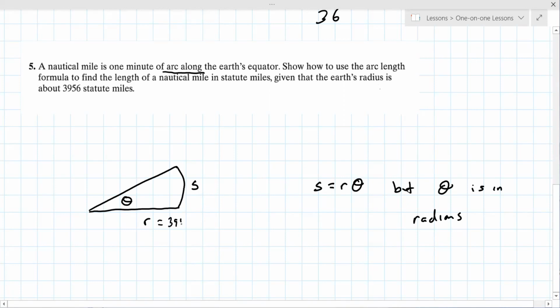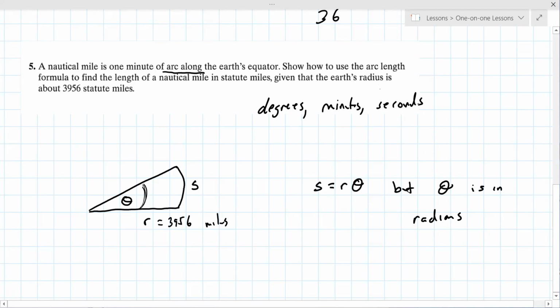So the radius here is given. It's 3956 miles, and they said a nautical mile is 1 minute. I think they're saying that this is 1 minute here. I'm not entirely sure what this problem is asking for, but a nautical mile is 1 minute of arc, because if you recall, in degrees there's minutes, and then there's seconds.